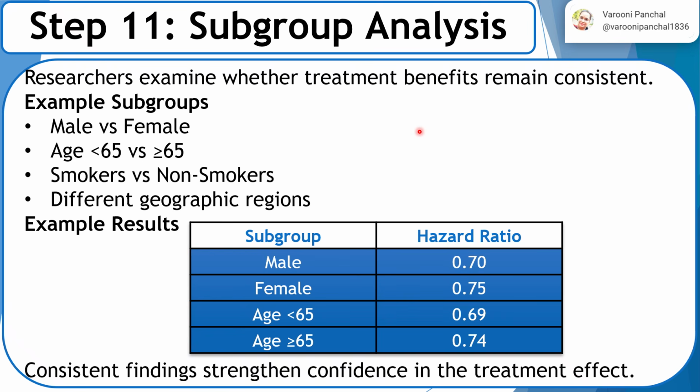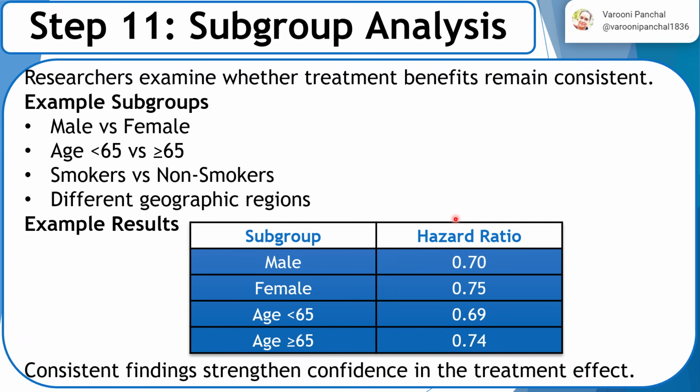The reasons could be male versus female, smokers versus non-smokers, and different geographical regions. So the subgroups are unlimited. You can add as many subgroups as you want based on the available data that you have.